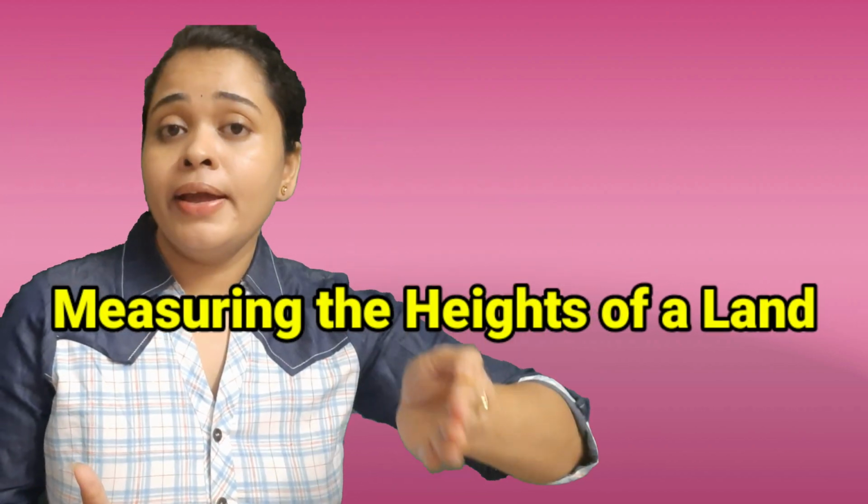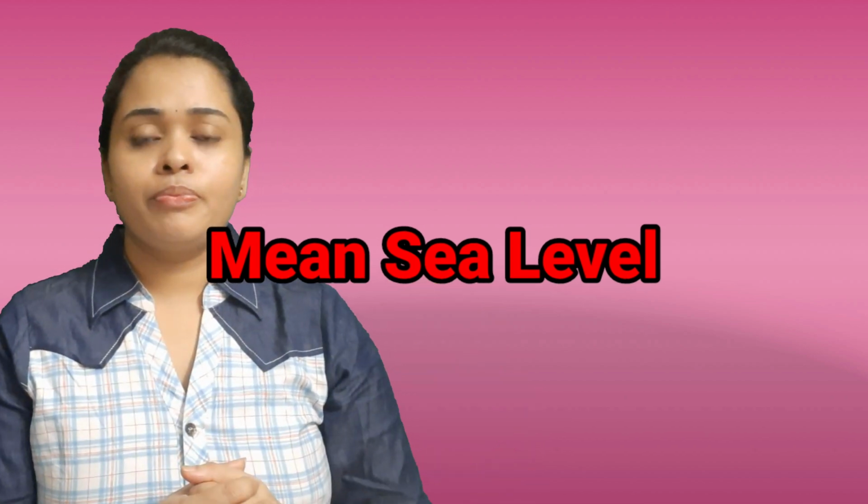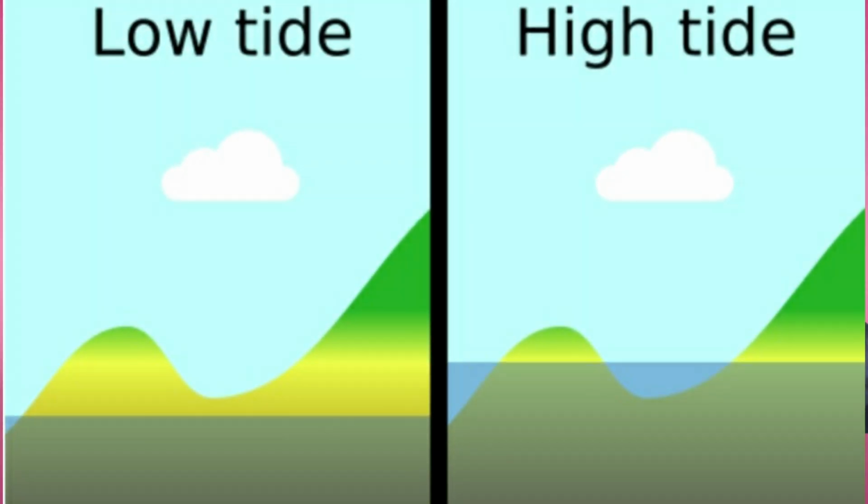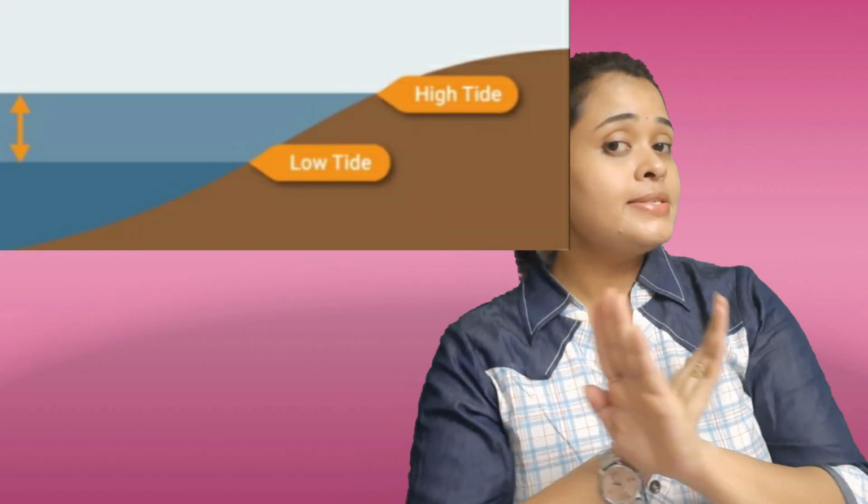Measuring the heights of land. All heights of the land are measured from the mean sea level. All seas in the world are connected to each other, since the top surface of the sea all over the world is roughly the same. What is this mean sea level? There are high tides and low tides of the sea, and it never stands still.